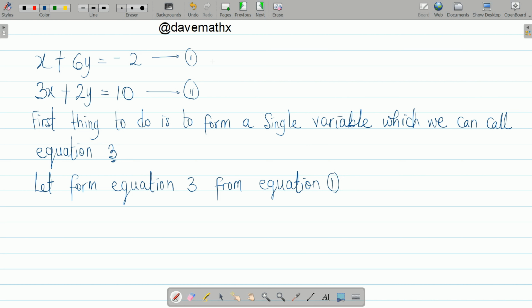Equation 1 is x plus 6y equals minus 2. Making x the subject of the formula, we will have x equals minus 2 minus 6y. Equation 3 will be formed by this.